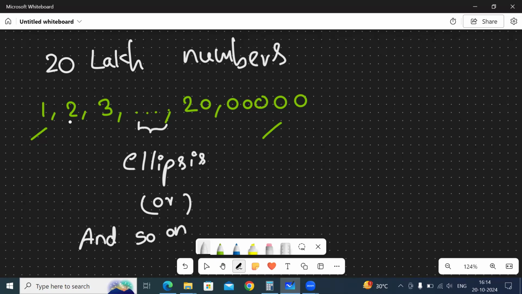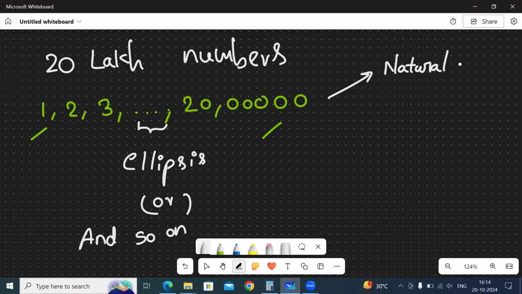Remember, these numbers have started with 1 and they have so and so numbers, like almost 20 lakh numbers. So we are calling them counting numbers. These counting numbers can also be called natural numbers.